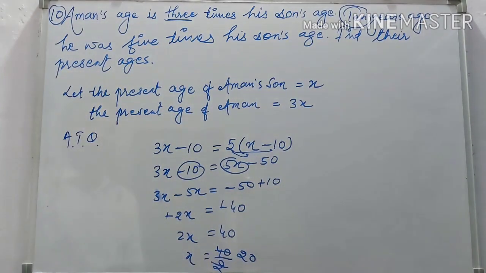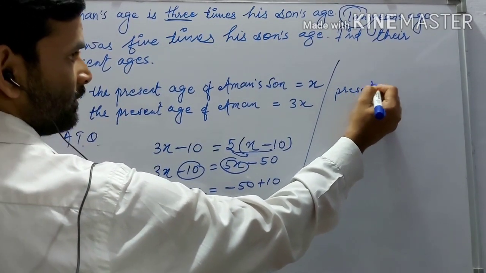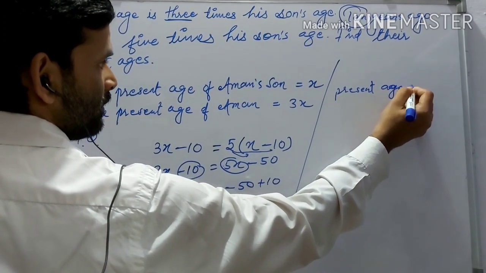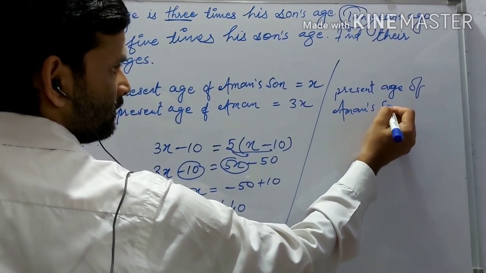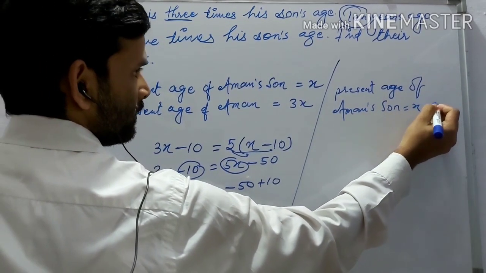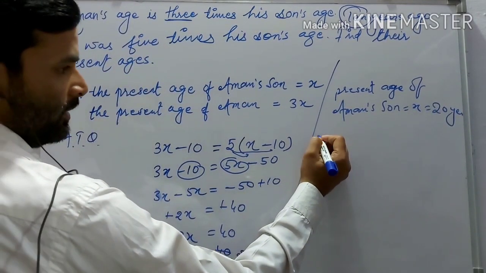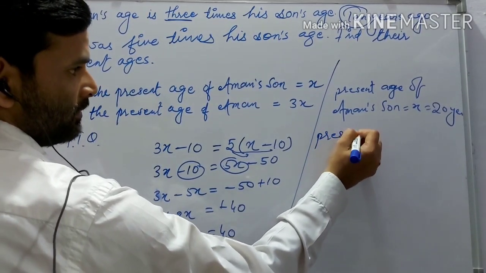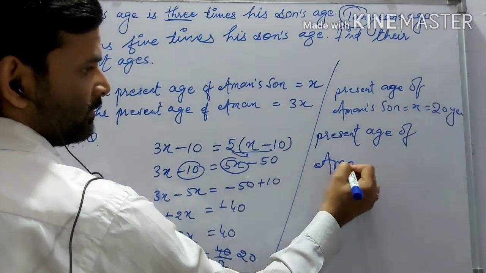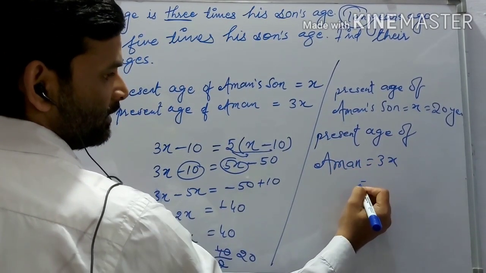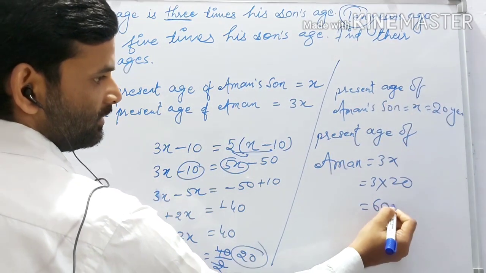It means the present age of Aman's son, x, is 20 years, and the present age of Aman is 3x, 3 into 20, which is 60 years.